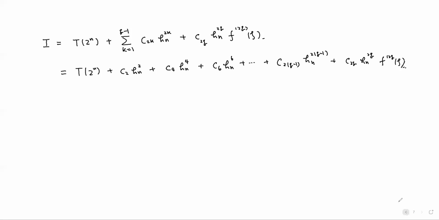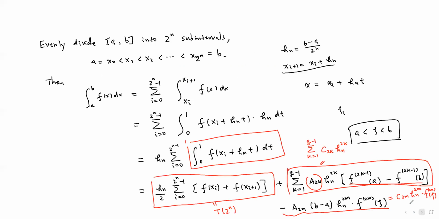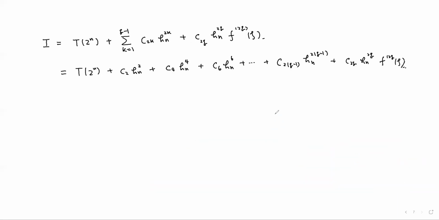All right. Now, Romberg formula. How to get the Romberg formula? By Richardson extrapolation, to cancel this term. Replace n by n plus 1.